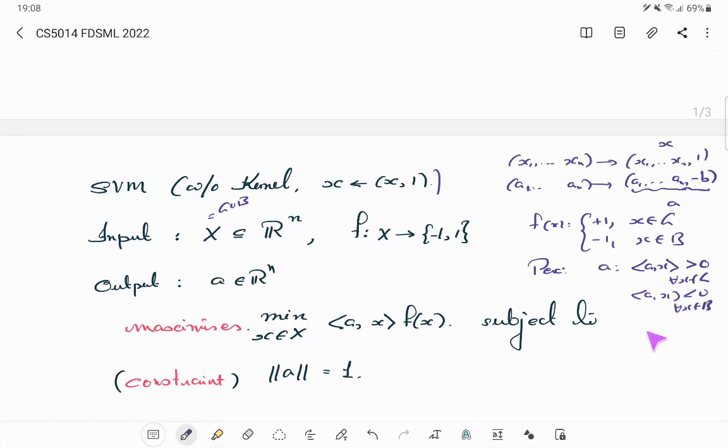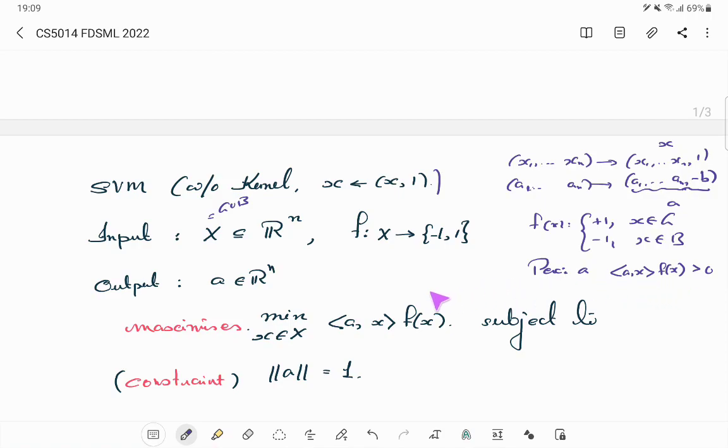Or instead of writing this in two lines, using f, I can restate this as: the perceptron will give an A such that the inner product of A and x multiplied with f(x) will be greater than 0. For good points f(x) is 1, so this is just saying that the inner product of A and x is greater than 0. For bad points f(x) is minus 1, so this is saying the inner product of A and x is less than 0. That's what the perceptron's job is.